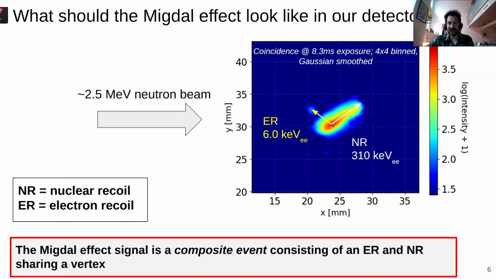But you can imagine if the electron recoil is emitted parallel to the nuclear recoil direction, you're going to be out of luck. It's going to be completely buried under an orders of magnitude brighter nuclear recoil. But anywhere that goes out along where my mouse cursor is, in principle, is detectable.